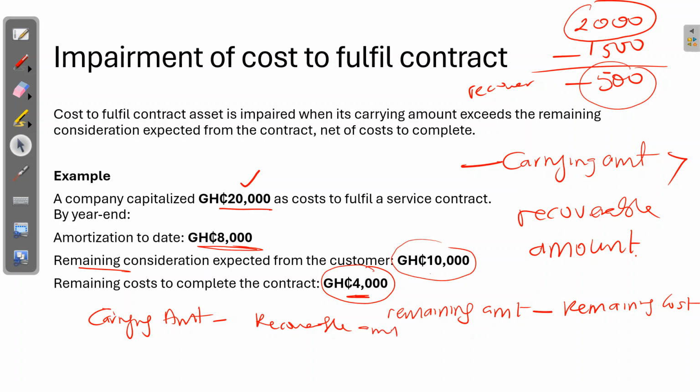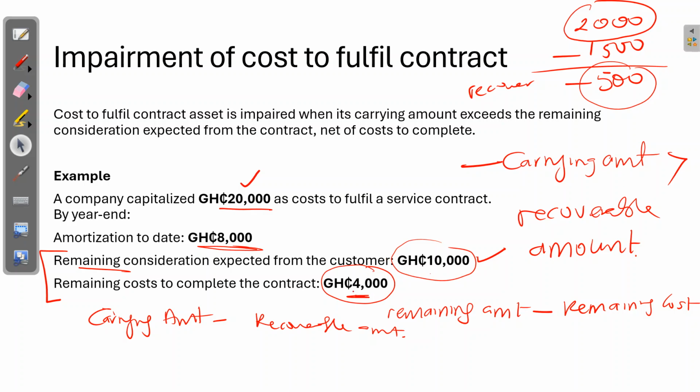Okay, impairment is when the current amount is more than the recoverable amount. So from our question, the recoverable amount is 10,000 minus 4,000, because we are expecting 10,000 from the customer, and we have some 4,000 cost to incur.